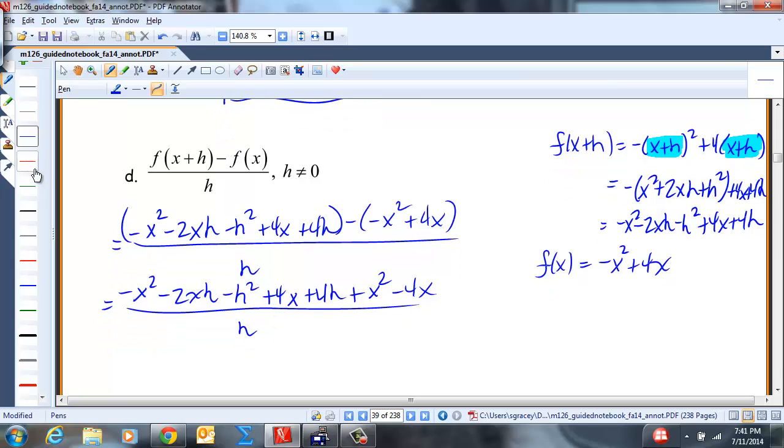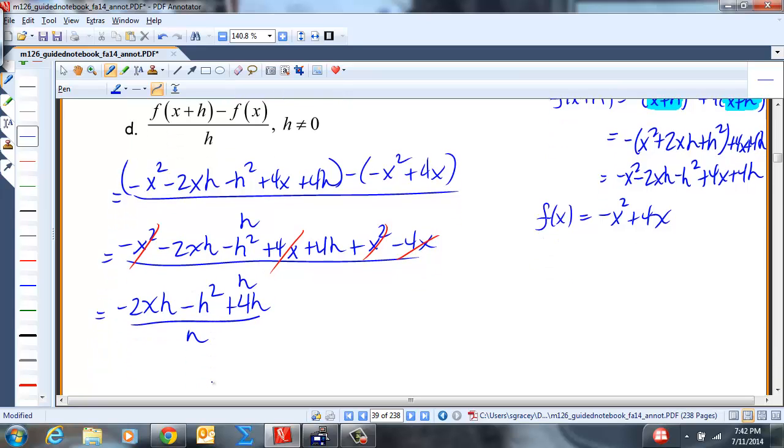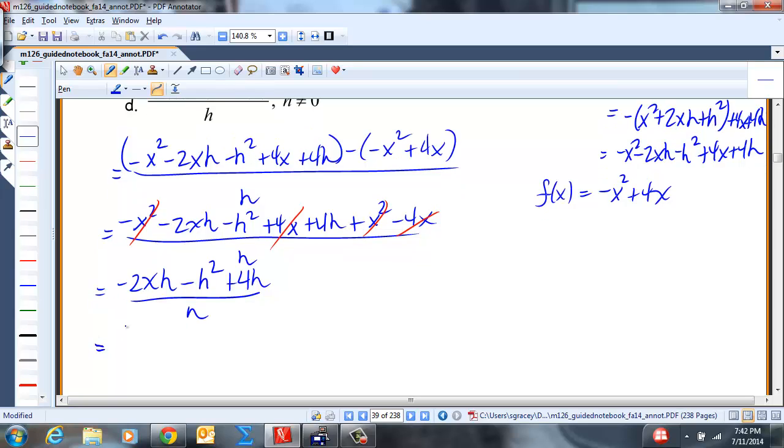Now you'll see that the x squareds will zero out and the 4x's will zero out, and we'll have negative 2 times x times h minus h squared plus 4h divided by h. It's looking better now. And factoring out an h, we'll have negative 2x minus h plus 4 divided by h.